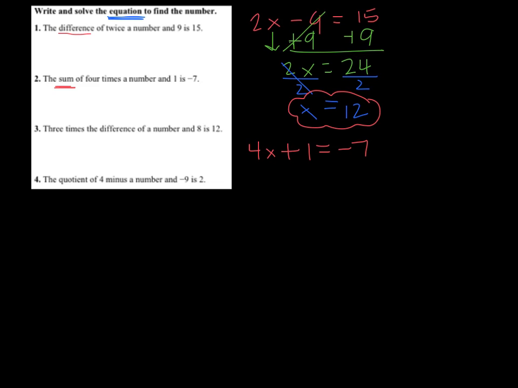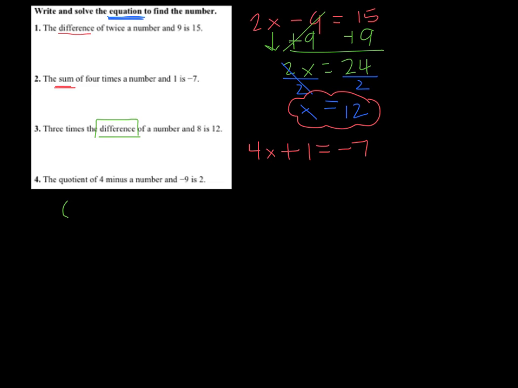Let's look at number 3. It says 3 times the difference of a number and 8. So this is when you are looking at, are we using parentheses? Do they want me to find the difference of two things and then multiply it by 3, or what's going on? And the key word here is, since they used difference, I know I need to subtract first.